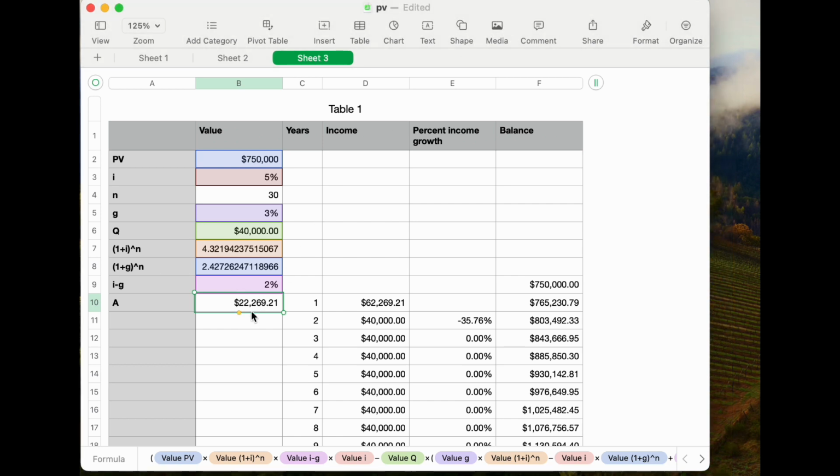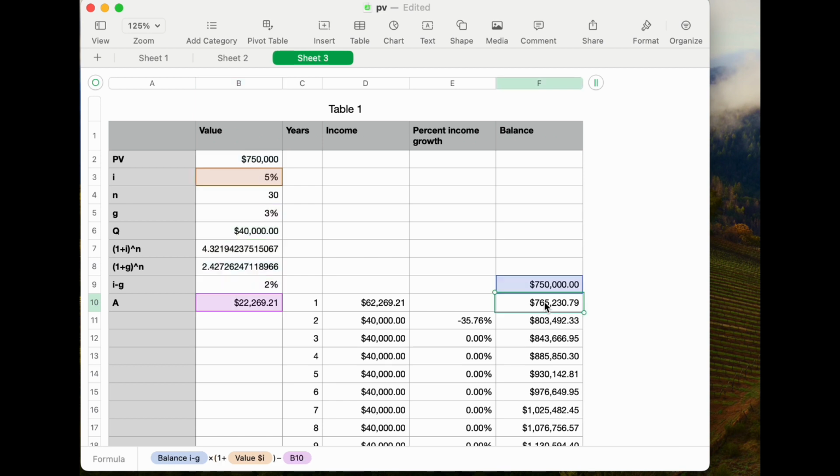So our payment will be $22,269 for the first payment. Notice that the income now is the 40,000 plus that first payment, so that's our income, and the balance will be the 750 minus my first payment.